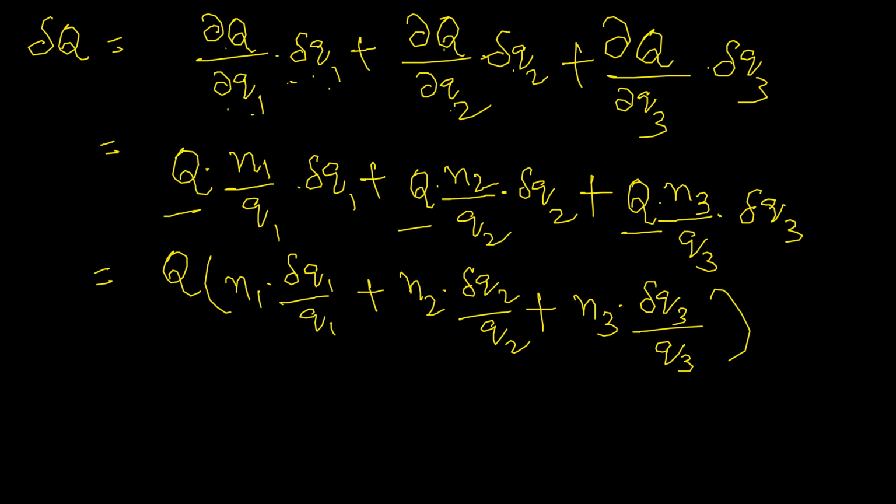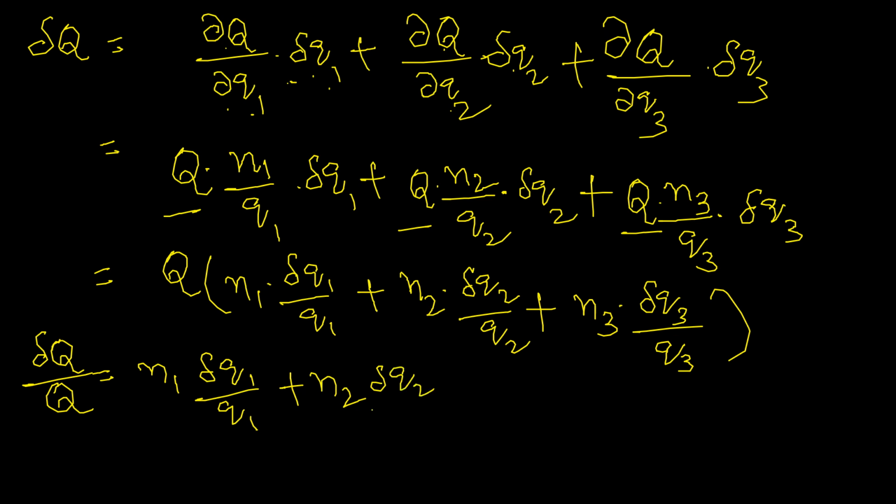Dividing both sides by Q, we will get del Q by Q is equal to n1 del q1 by q1 plus n2 del q2 by q2 plus n3 del q3 by q3.